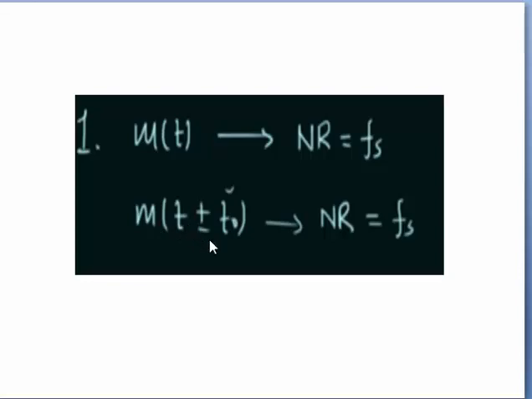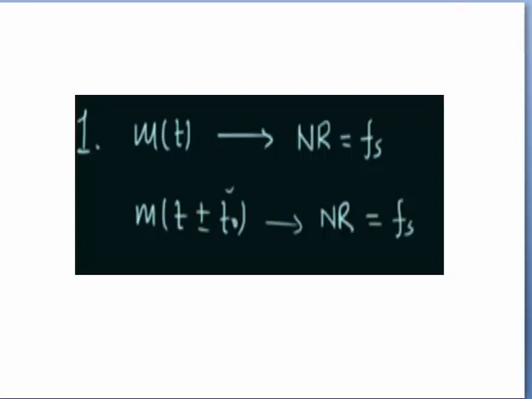The second case, m of t minus t naught, is the case of right shifting, or we can say delay. We are shifting m of t towards right by t naught. And in both cases we are getting the same Nyquist rate, which is Fs or omega s. So time shifting will not have any effect on Nyquist rate.